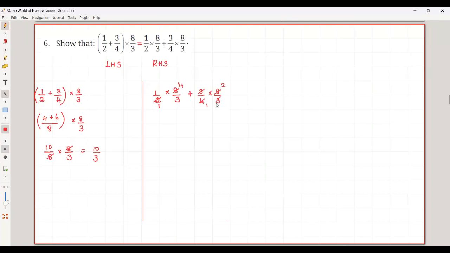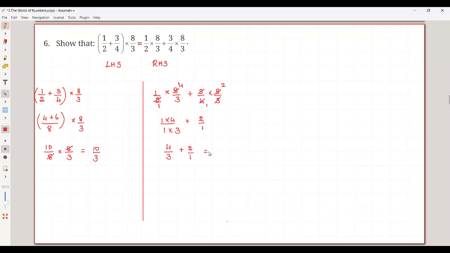Here 1 3s cancel. So now the balance is 1 into 4 divided by 1 into 3, plus 2 by 1, which is the balance. So 1 4s are 4, 4 by 3 plus 2 by 1.